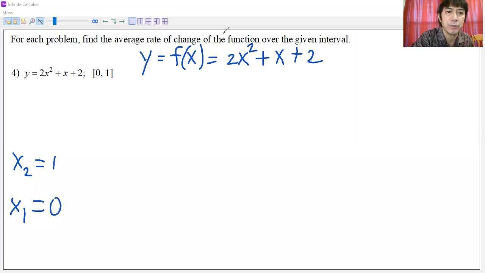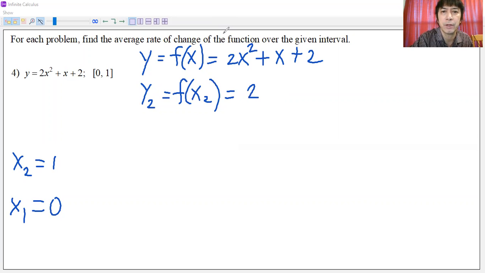We shall continue with y2. This is f of x2, and that starts with 2 times the value of x. Let us rewrite once more. This is f of x2. We shall use the x2 value over here, that means f of 1.